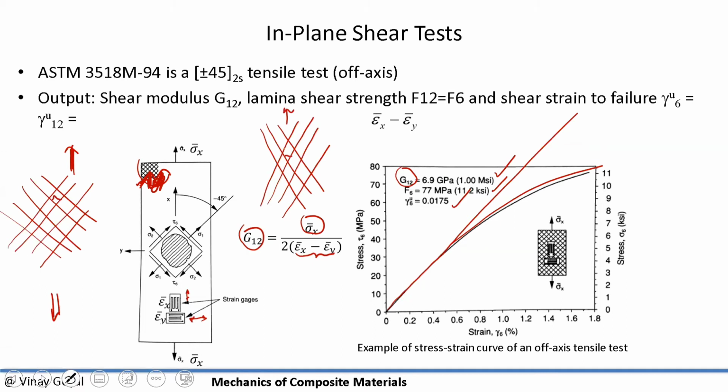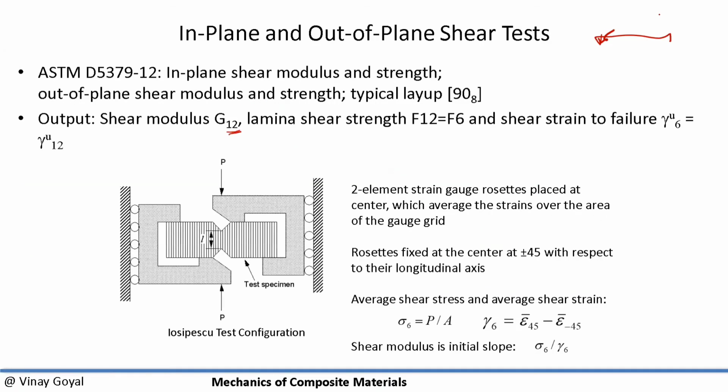And so now the fibers start to contribute to that loading. And so it tends to overestimate strength because of the scissoring effect.